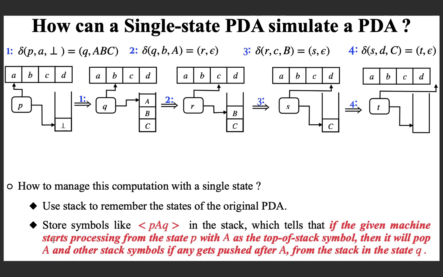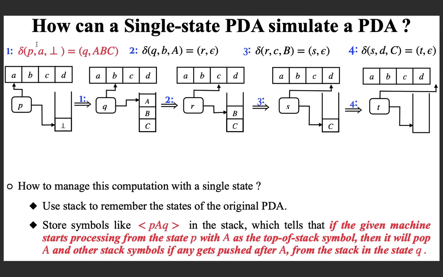If the given machine starts processing from the state P with A as the top of stack, then it will pop that A and all other symbols that you are pushed to the stack after A, above A. So when you have the triple on the top of the stack, it is looking at when the machine is going to pop out A and the symbols which are getting pushed onto the stack after A. An example will make it clear.